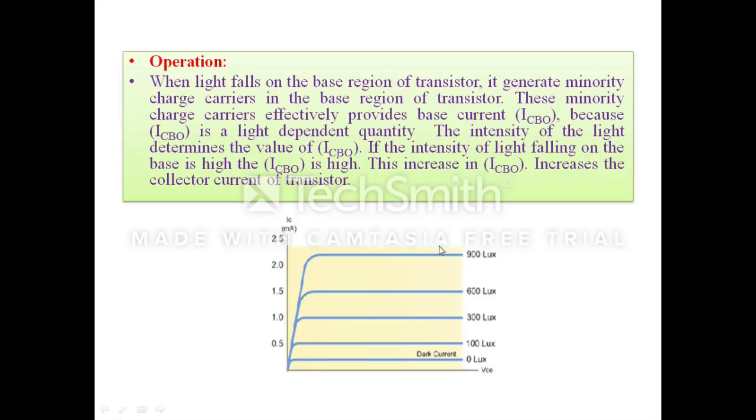From these characteristics, it is clear that the collector current is highest for 900 lux while it is less for 100 lux. In other words, the collector current of this transistor is proportional to the intensity of light falling on its base region.